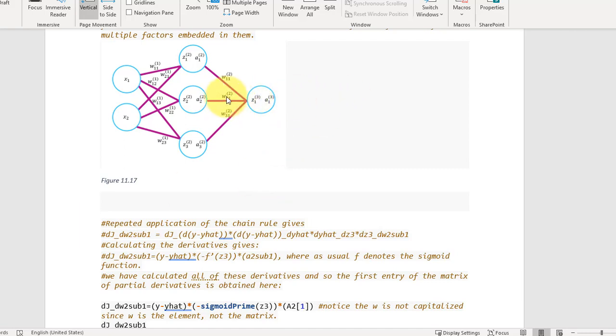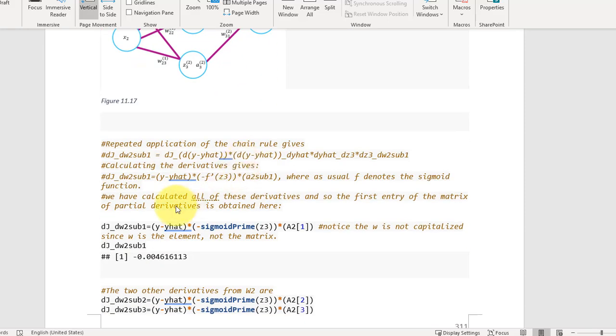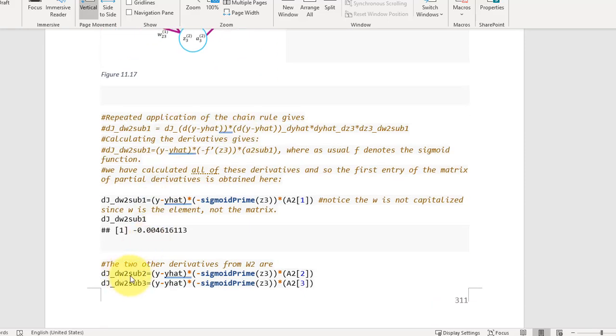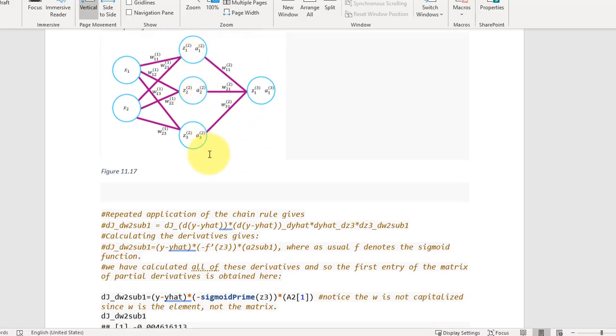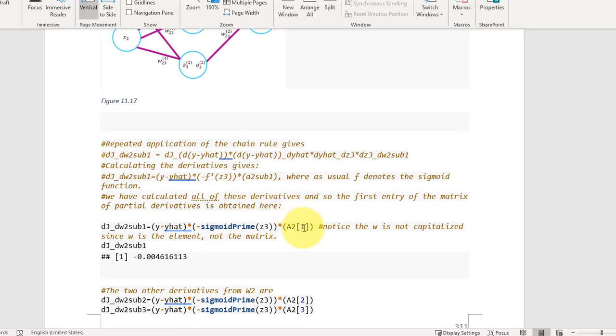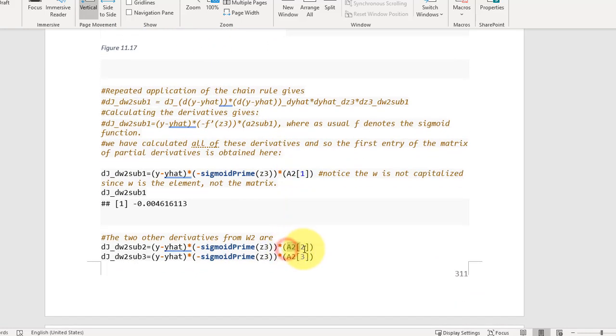We want the derivative of J with respect to this weight, which we call W2 sub 2,1, or in this notation, just W2 sub 2. It's going to be the same thing as here. The only difference is that the connecting node here is not A21, it's A22.